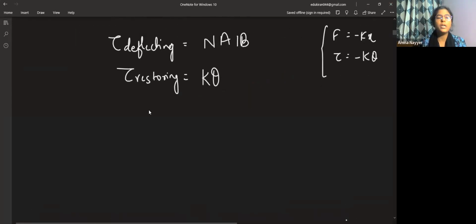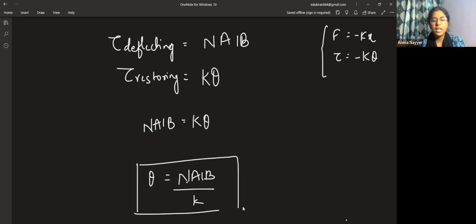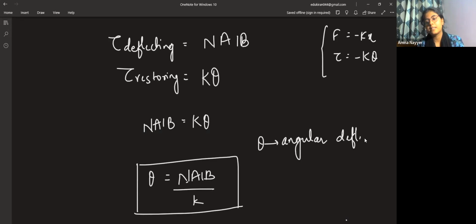Now you just have to equate both of these. NAIB is equal to K theta. So basically deflection, the last line was produces angular deflection, right? So angular deflection theta is NAIB divided by K. Theta is angular deflection.